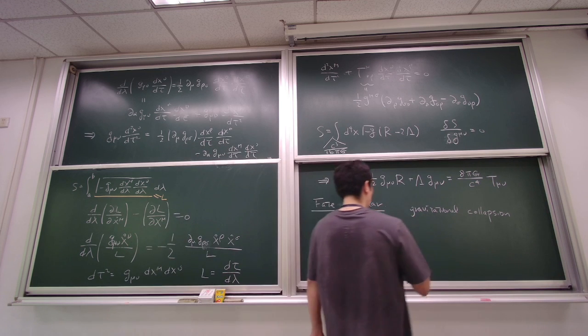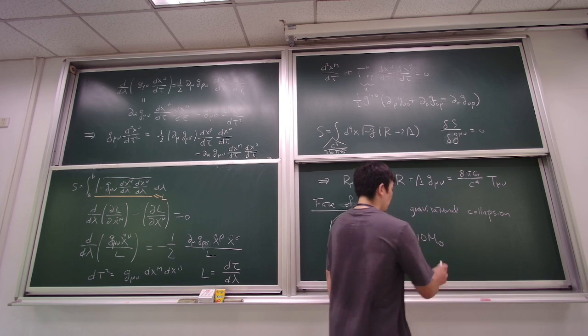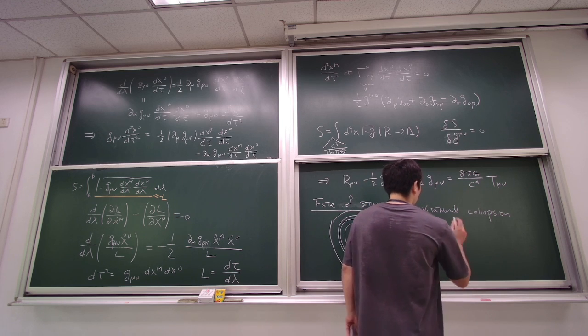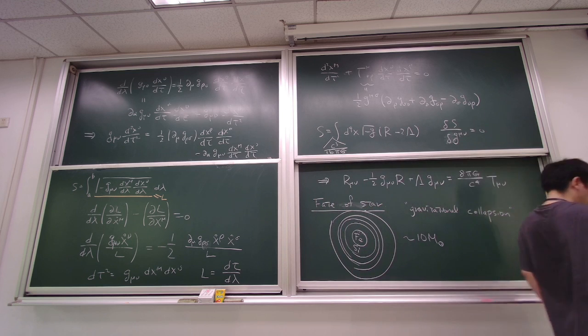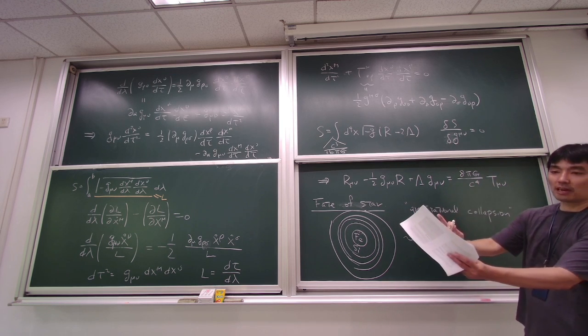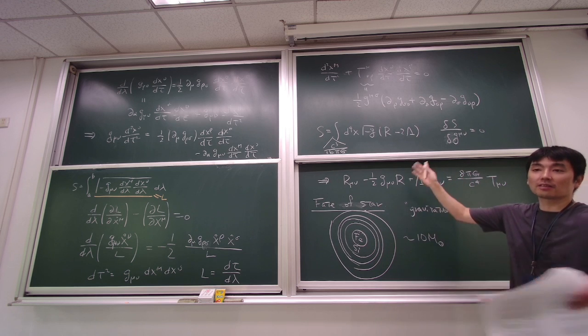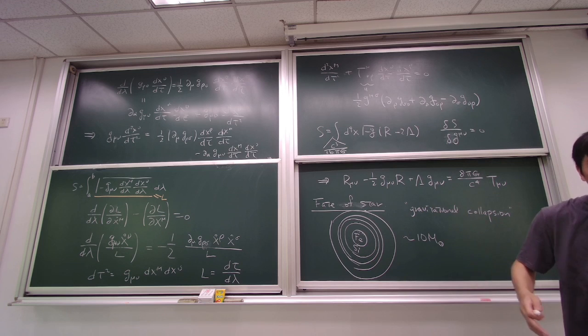This is around 10 solar masses, the end of a 10 solar mass star. Eventually, this gravitational attraction will win against this burning pressure, so they will encounter the gravitational collapse, and then you encounter a so-called supernova.